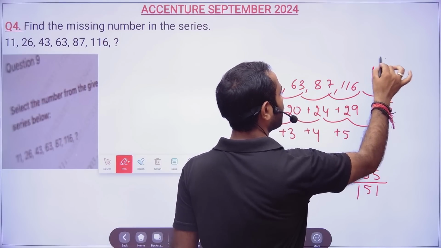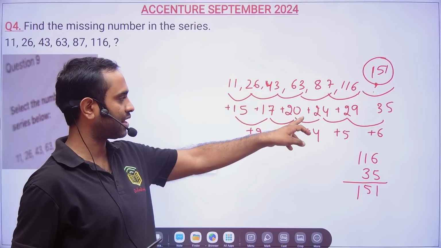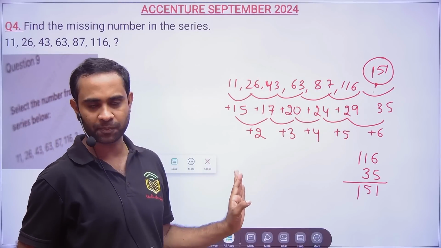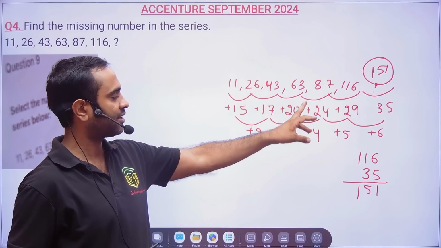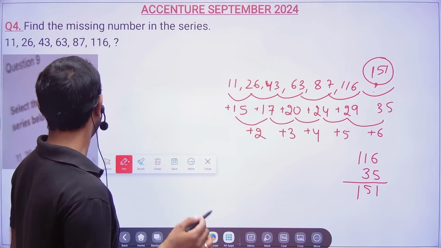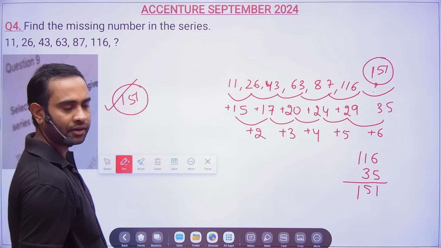So 151 will become the correct answer, right? So 15, 17, 20, 24, 29, right? So here 5 difference after 6. So 6 plus 9 is 15, 35, and 35 plus 15 will be 50, and plus 1, 51. So 151 for this question, you had to mark the option which has 151.